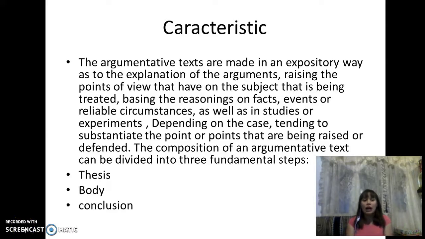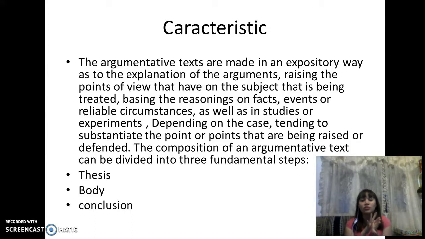And now, guys, I'm gonna explain the characteristics. Argumentative texts are made in an expository way, as to the explanation of the arguments, raising the points of view that one has on the subject being treated, basing the reasonings on facts, events, or relevant circumstances, as well as on studies or experiments, depending on the case, tending to sustain the point or points that are being raised or defended.